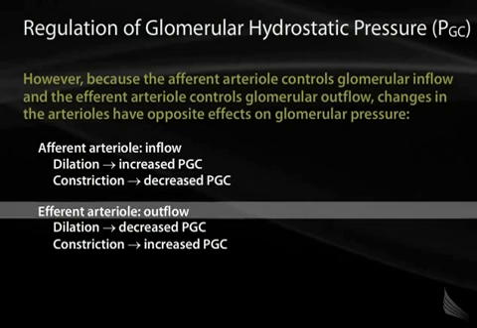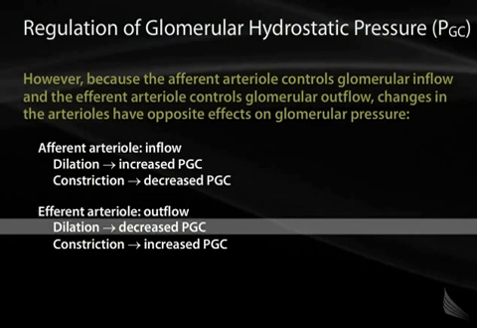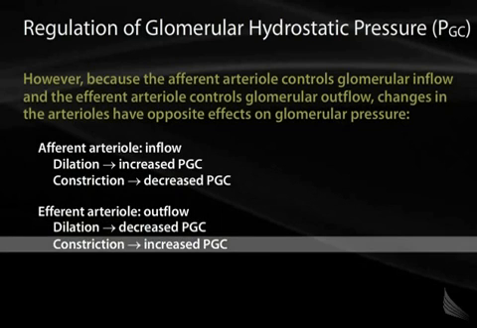However, the efferent arteriole, which is the outflow, has opposite effects. When the efferent arteriole is dilated, glomerular capillary hydrostatic pressure is decreased. When the efferent arteriole is constricted, glomerular capillary hydrostatic pressure is increased. Let's walk through a few examples.